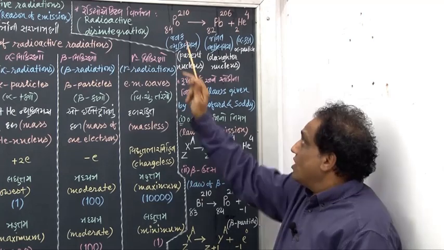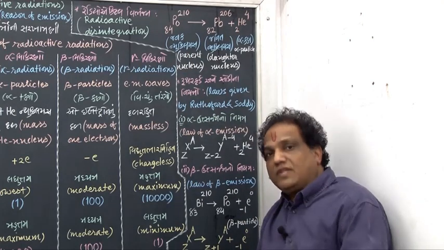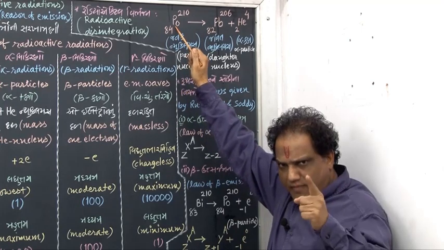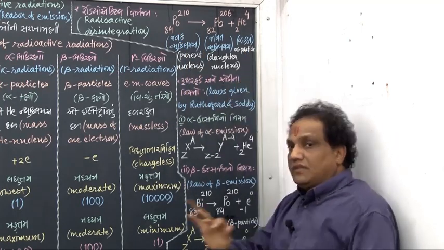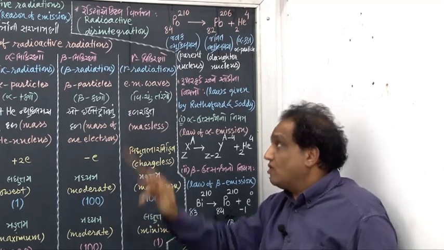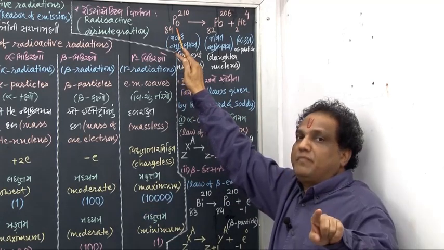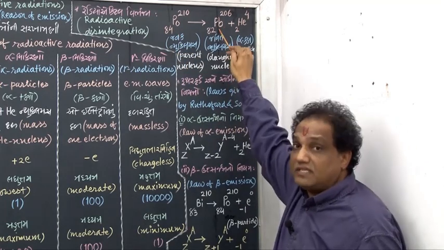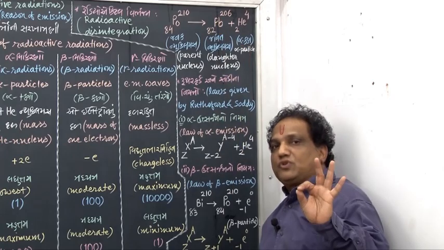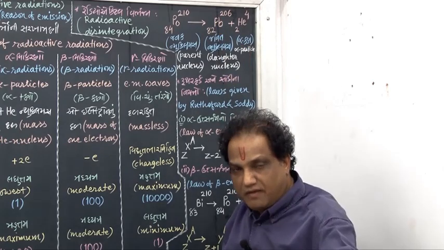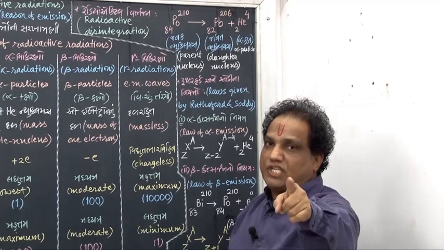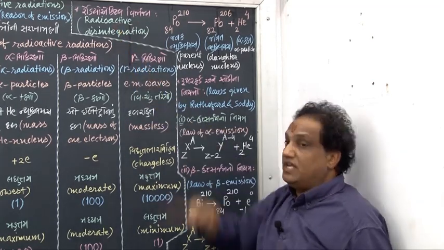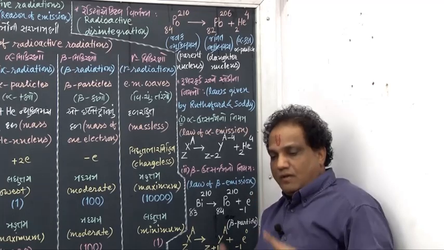Now tell me, what does this reaction indicate? It tells you that as soon as this radioactive nucleus emits one alpha particle, that nucleus no longer remains of polonium element, it simply transforms into a new element, and that new element is lead. Such a process of transformation from one element to another element is known as radioactive disintegration.